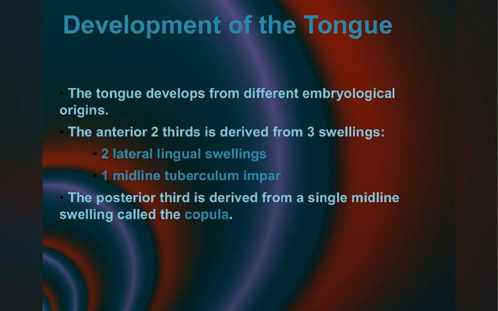Also, the epiglottis area is supplied general and taste sensation by the vagus nerve. Muscles of the tongue derived from occipital somites, and the nerve of occipital somites is the hypoglossal nerve. Always the nerve supply follows the embryological origin.